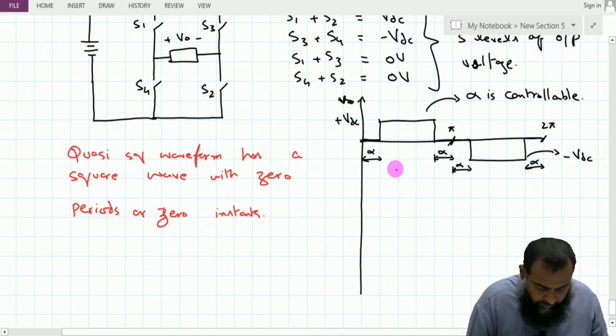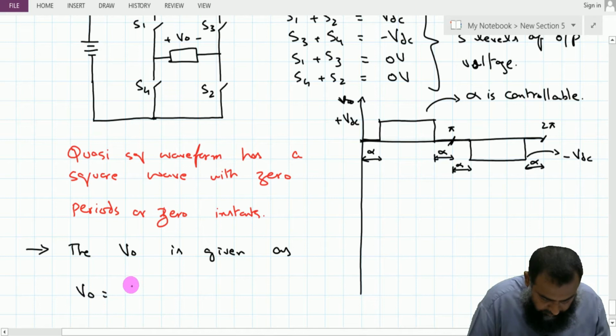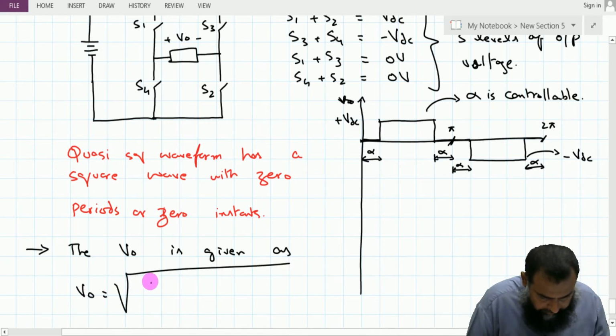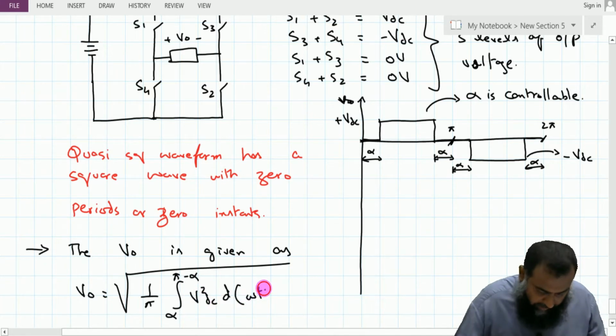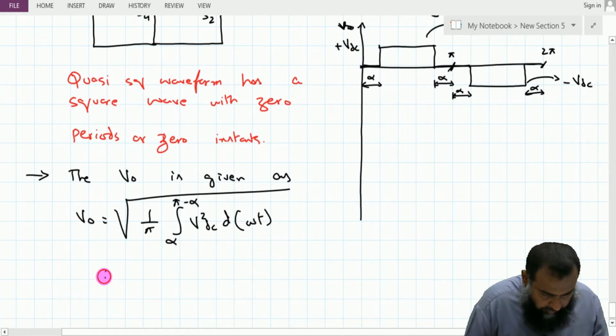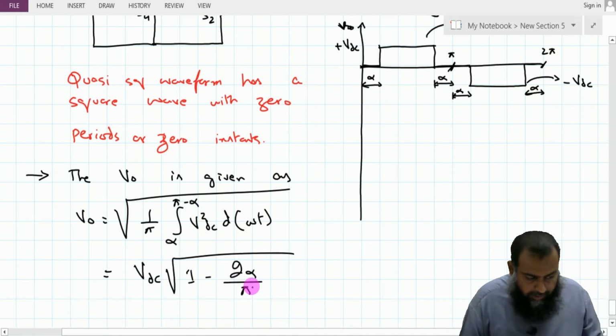So for this quasi square waveform, the RMS value of V naught is given as V naught equal to the square root of 1 over pi integral from alpha to pi minus alpha of V square DC d omega t, which is equal to VDC times the square root of 1 minus 2 alpha over pi.